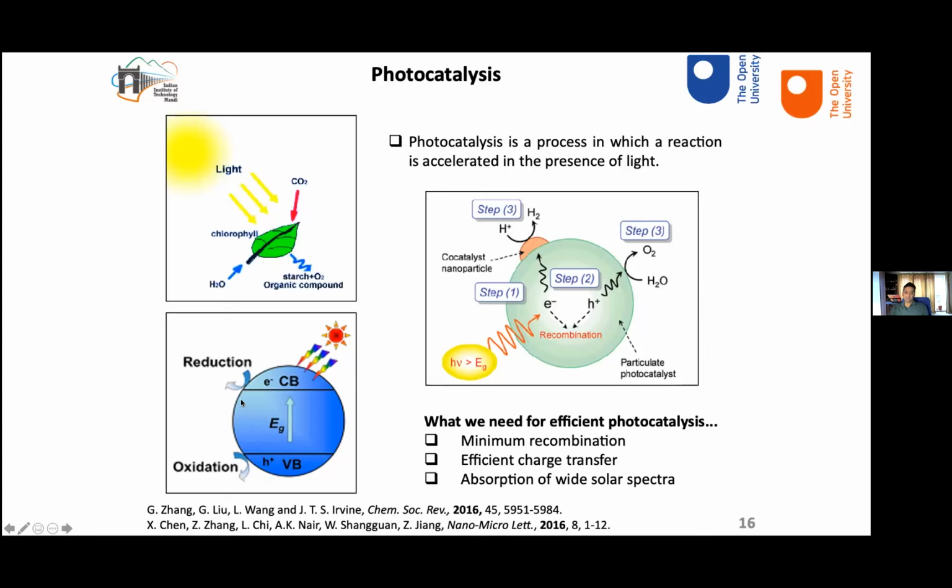We use a similar mechanism, shining light on our material, which is a semiconducting material with a defined valence and conduction band. When the light, or the photons, hit the surface of the material, you have an electron-hole pair, and excitonic effects happen. These excitonic effects will help in reducing the organic components.